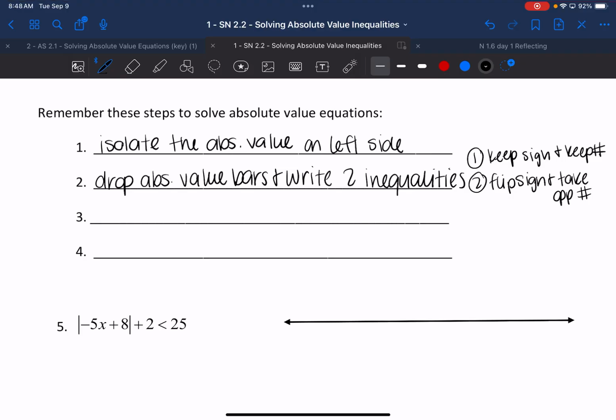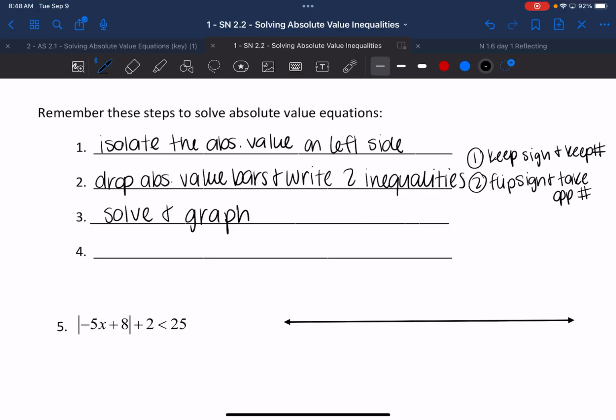Okay? And then once we had our 2 equations set up, what did we do next? Solve. Right. So same for our inequalities. So next we will solve. Now for our inequalities, after we solve, we also graph them, right? So we are going to solve and graph on step number 3. And then what was step number 4? To check, right. But this is a little bit different, right?